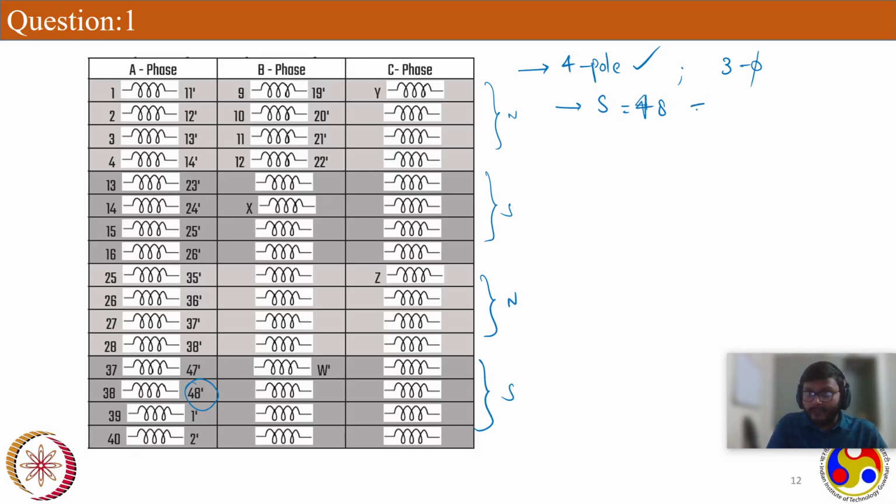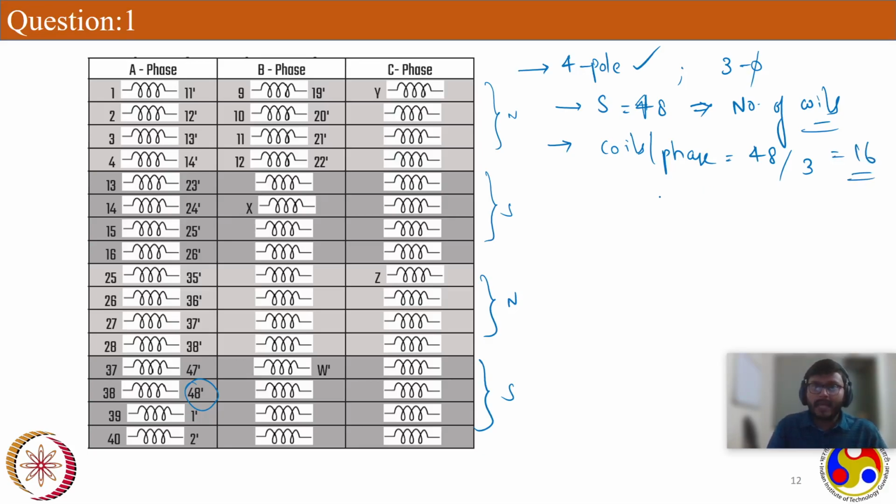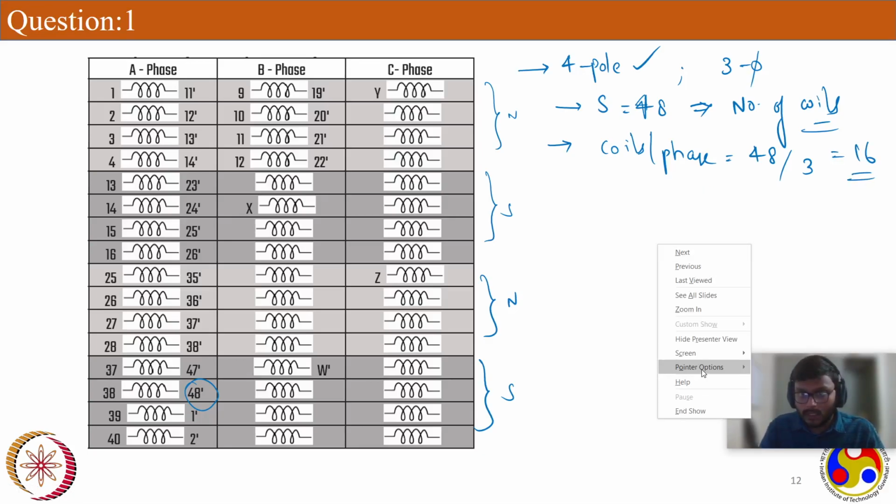Now we already discussed that in a double layer winding, number of slots is equal to number of coils. Coils per phase: number of coils is 48 and my machine is 3 phase.